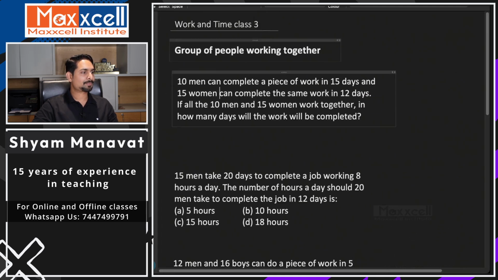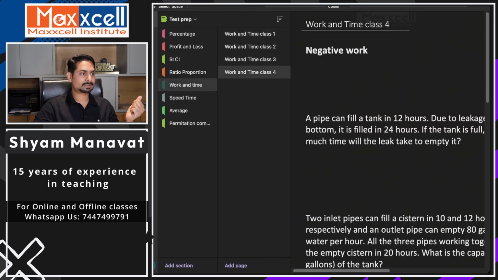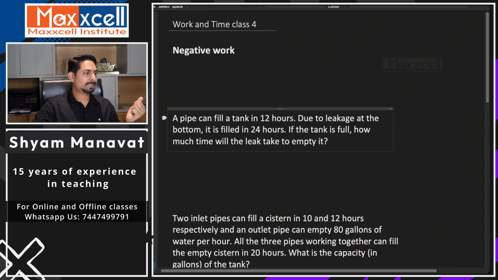So these are the types of questions we are going to see in the work and time chapter. Then, when a group of people are working together: 10 men can complete a job in 15 days, 15 women can complete the job in 12 days. If 10 men and 15 women work together, how much time will they take to complete the job? We'll see these kinds of questions, and then we have pipe and cistern, where we will see some negative work.